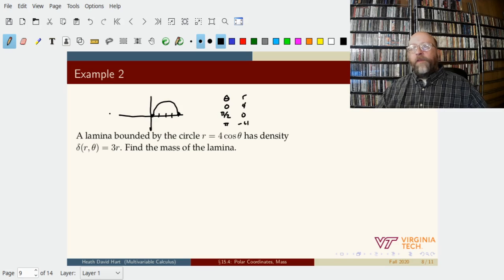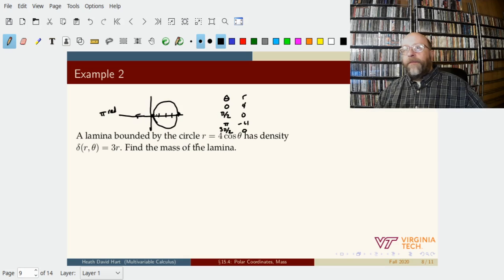So even though pi radians is in this direction, we would be facing this direction. We go backwards 4 units, and that completes the bottom half of the circle. And then when we get back to 3 pi over 2, the radius is 0 again. And so it's this circle that's centered at 2 units to the right of the origin. Okay? All right.